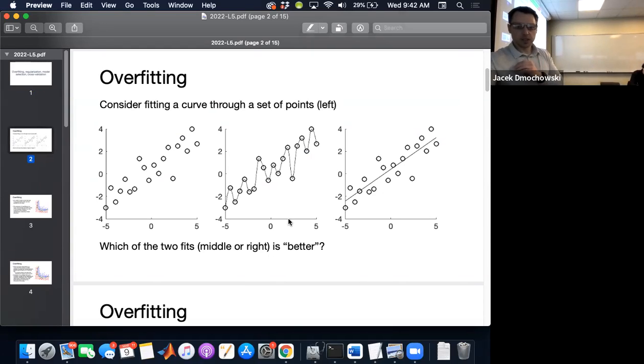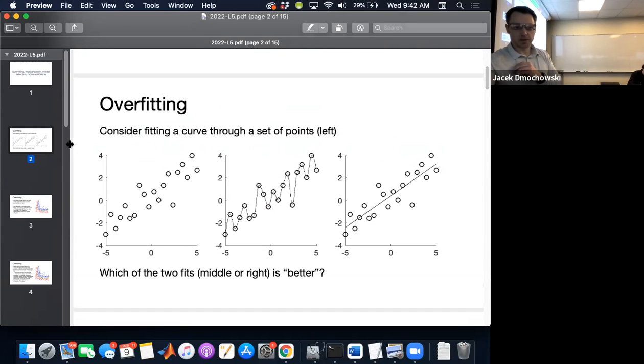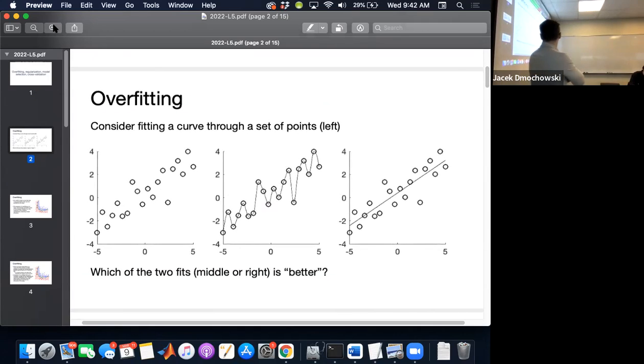Okay, so starting off, it's going to be a bunch of pictures in this slide deck. You can think of this as a regression data set. Here the variable that you're trying to predict is on the y-axis, and it is continuous.